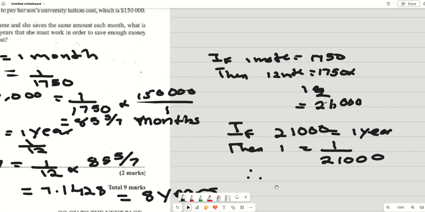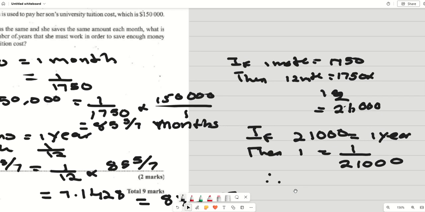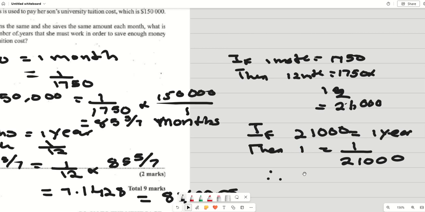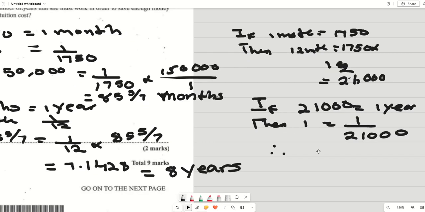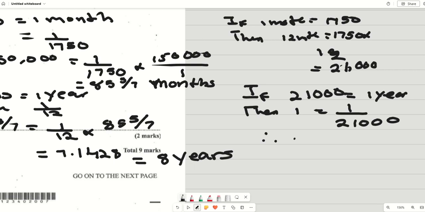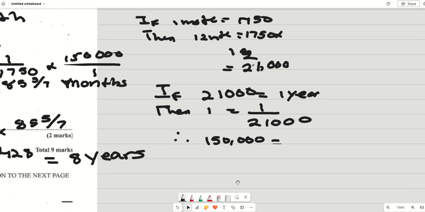If 1 month is that, then 12 months is that. So that means this is 12, 1 year. So 1 would be this, and then we want to find out how much is 150,000. 150,000 would be equal to whatever it is for 1, which is 1 over 21,000, multiplied by 150,000, right?